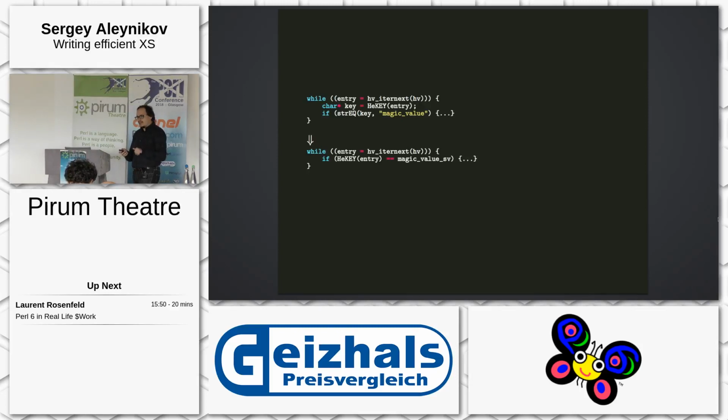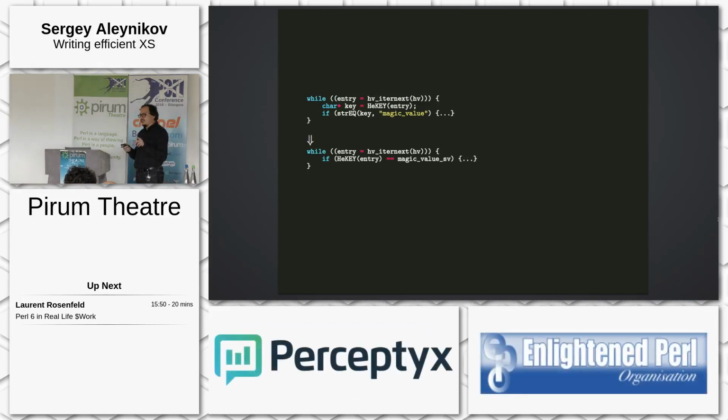You can iterate over the hash and check for equality, which is faster, or you can iterate over it and just do a pointer check. Of course, you can do a trick like checking only the first letter of a key if you are sure that there are no other keys except for those 3, and they happen to have different first letters. But that has to be guaranteed. And again, in those cases, you'll have to maintain your own API over this data structure.